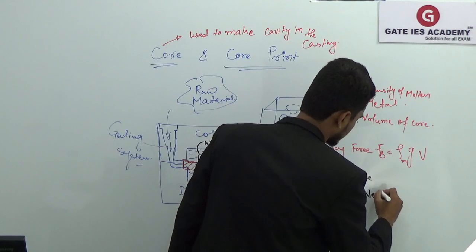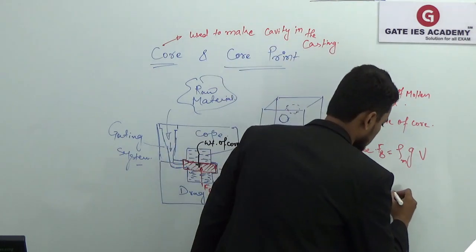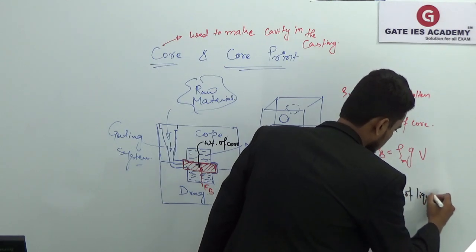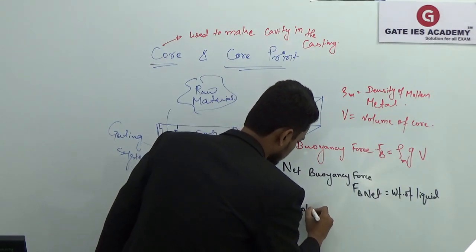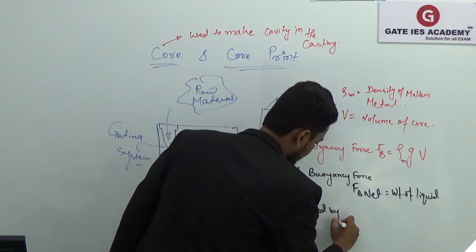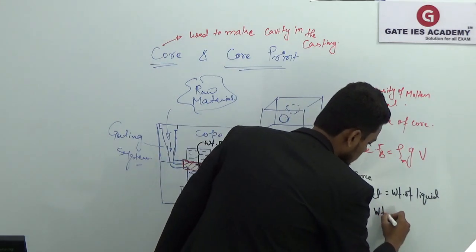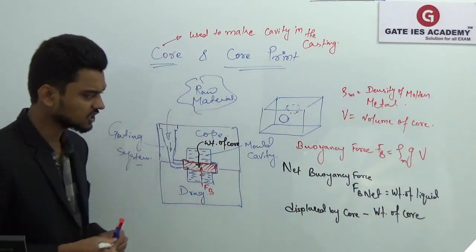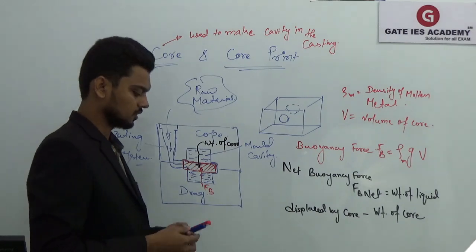FB net will be equal to the weight of liquid displaced by core minus the weight of core. So this will be your net buoyancy force that will act on the core.